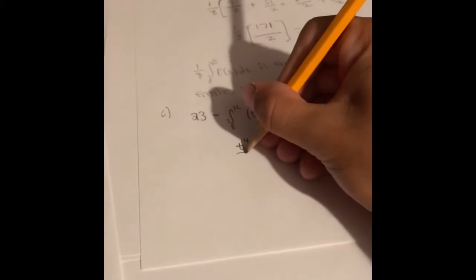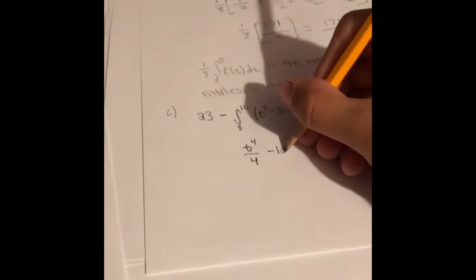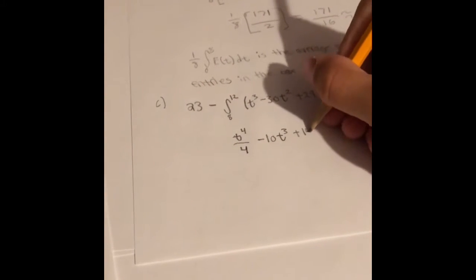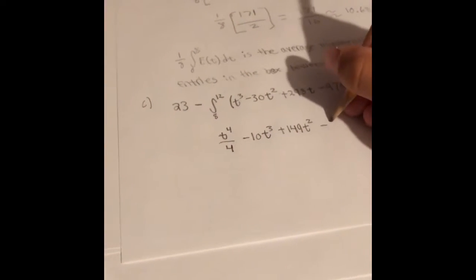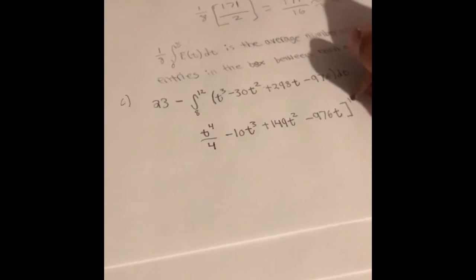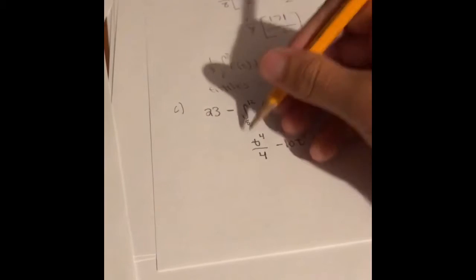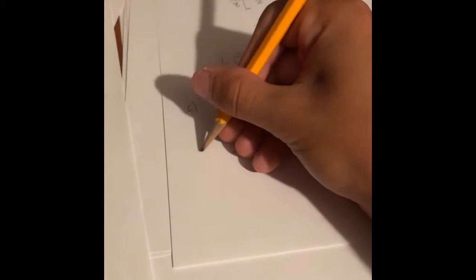Okay, and so basically we integrate this now, so we get t to the 4th over 4 minus 10t cubed plus 149t squared minus 976t for our boundaries from 8 to 12. Let's not forget all of this is subtracted from 23 because that's our given amount.